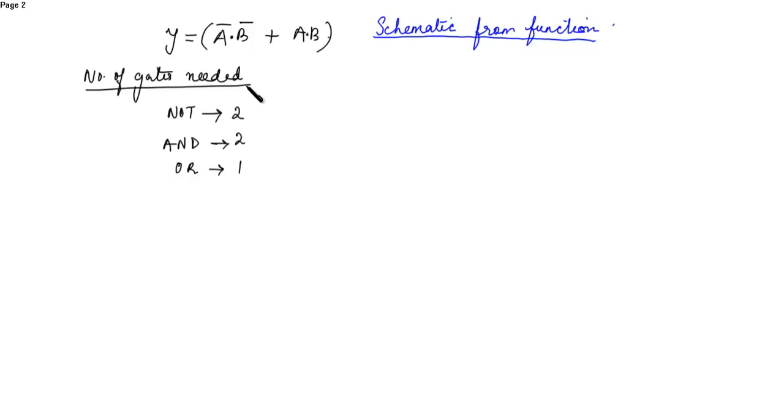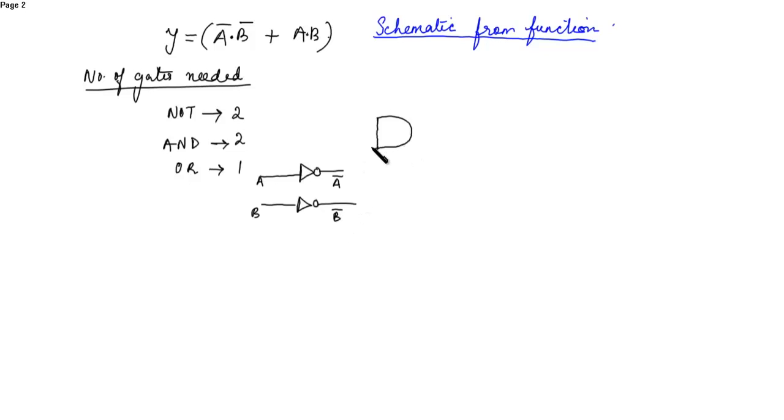So now if you try to implement this at a gate level diagram, then you need two inverters. This is for A, this is B, this is A bar and this is B bar.